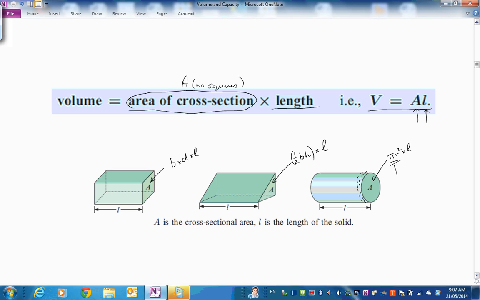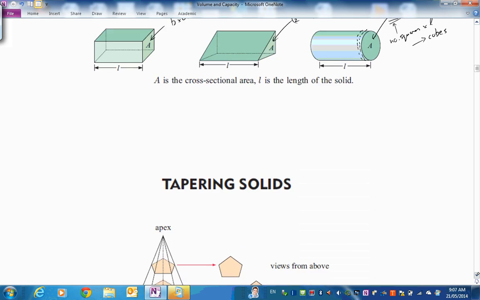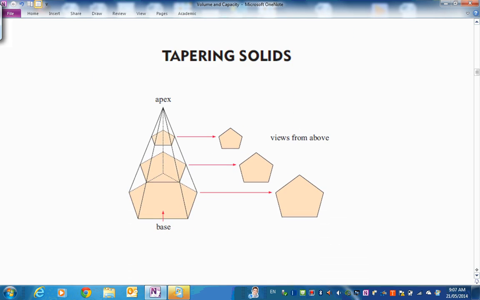Area of the end is the number of squares equivalent that would fit across there, and then when you times by L, you convert them to cubes, don't you? Alright, so there's our first formula. Please remember it. If the body has a uniform cross-section, you get the area of the cross-section and times the length.